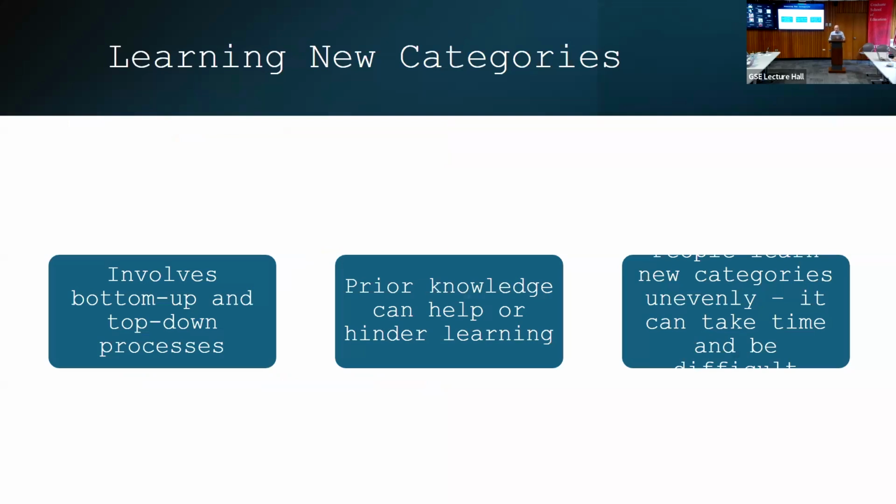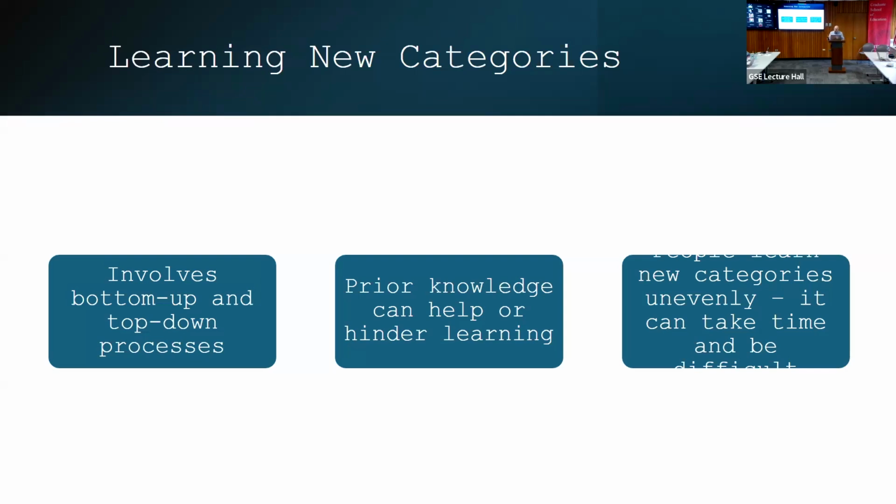Categories are learned in multiple kinds of ways. There are bottom-up processes in which we have lots of experiences, and we build up these categories. But then there are also top-down processes in which we're given rules and explanations, and we build these categories.